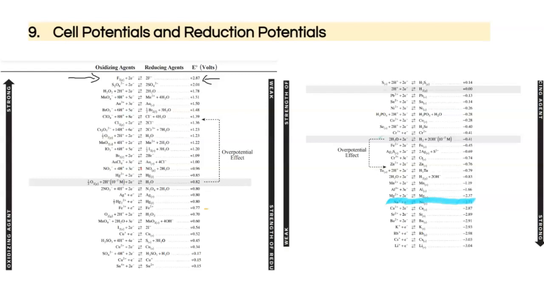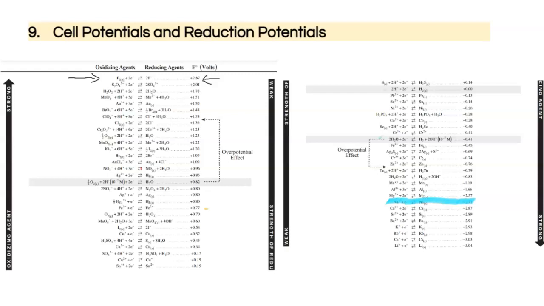As we make our way down this chart, you should be noticing that the values for standard cell potential, for reduction potential, are actually decreasing. It would make sense, then, that there's a certain point where the values become negative. When we quantify things, that is going to become important. So again, what are these values telling us? They're telling us the likelihood of a substance to be able to grab electrons from another species.